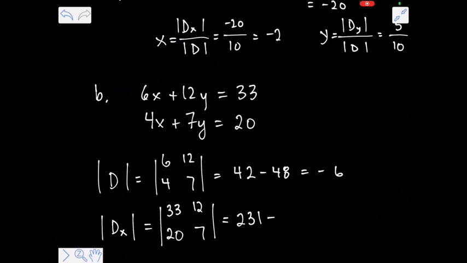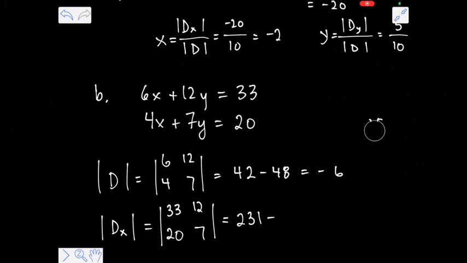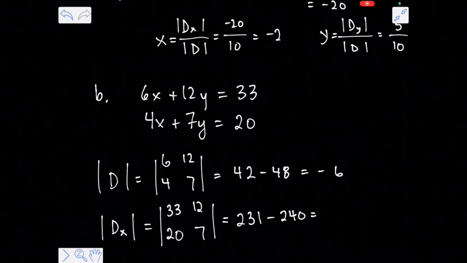Minus 20 times 12 which is 240, better check that. Yes, 240. So that's negative 9.